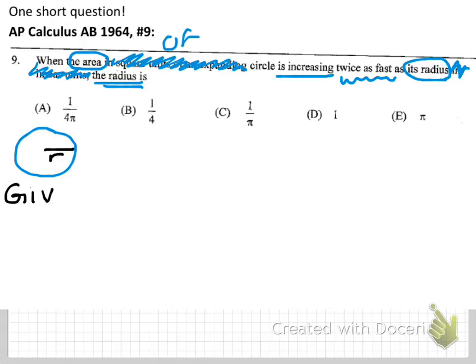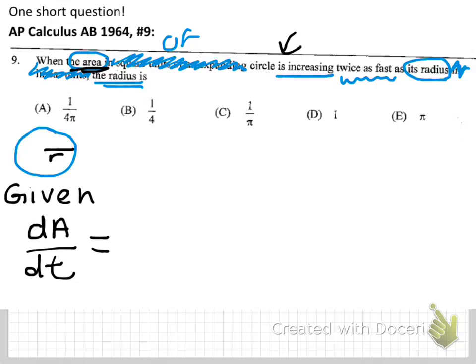What am I given? So here's the part that is really, really important. So the area, right, is increasing. Well, that means that we are talking about dA over dt because that something over dt is what we use when something is increasing, decreasing, or changing with time. So this area is, okay, so whenever I see is, I know it's an equals. Twice as fast means that it's double.